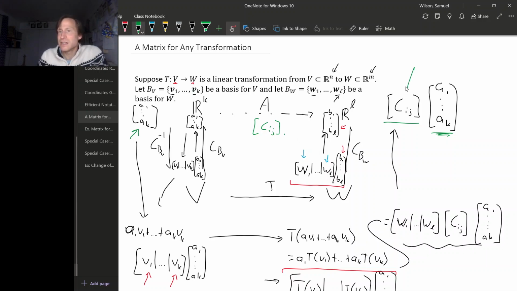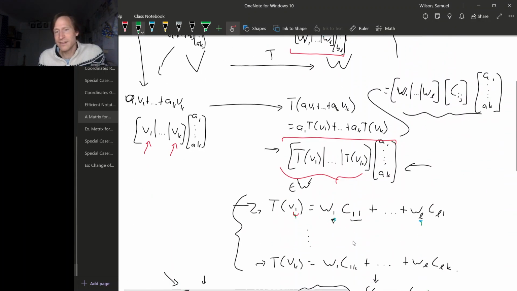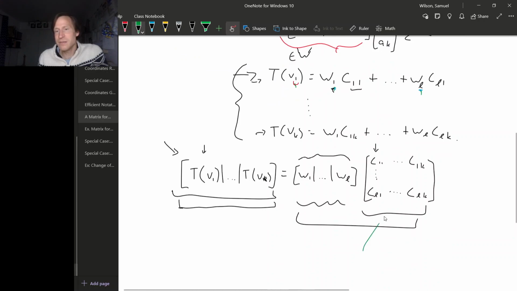So this matrix, the C matrix, is the one that we're looking for, and it's really doing double duty. On the one hand, when you multiply the W matrix by the C matrix on the right, what you get is the result of the linear transformation.